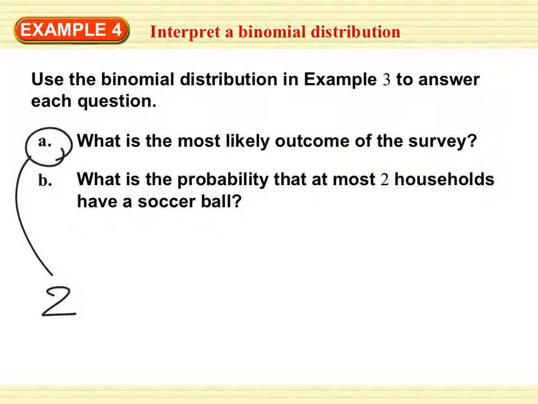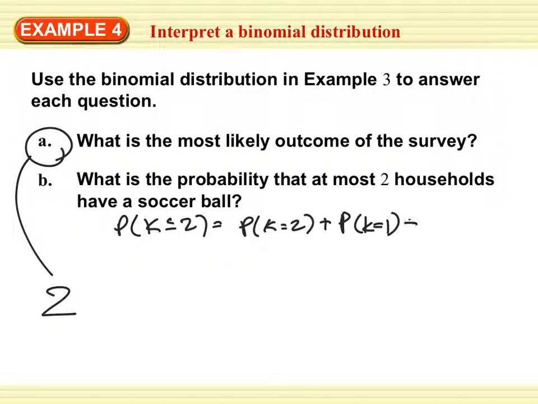And then the probability that at most 2 households have a soccer ball. That is the probability that k is less than or equal to 2. So we do the probability of k equal to 2, 1, and 0.